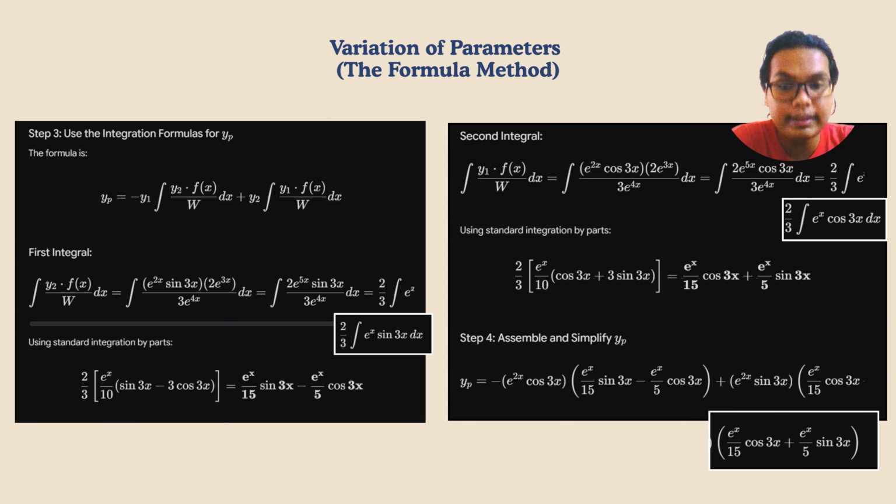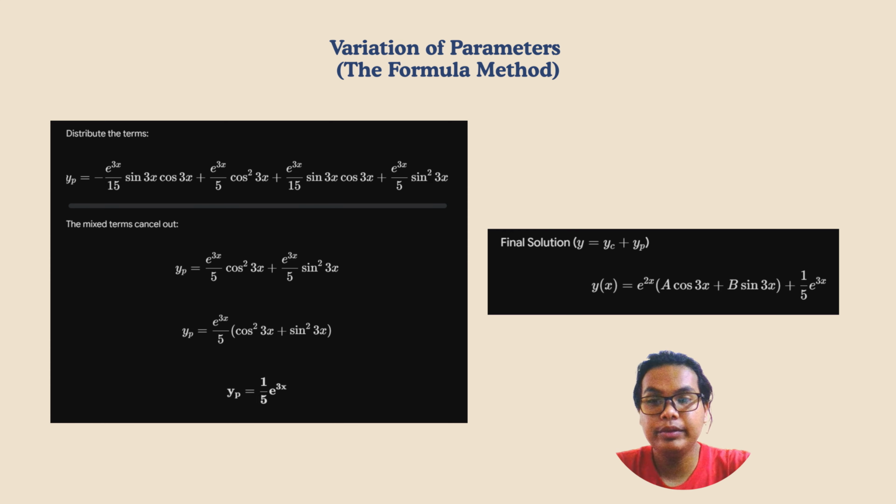The next step, we assemble and simplify yp. yp equals negative e^(2x) cos 3x times (e^x/15 sin 3x minus e^x/5 cos 3x) plus e^(2x) sin 3x times (e^x/15 cos 3x plus e^x/5 sin 3x).